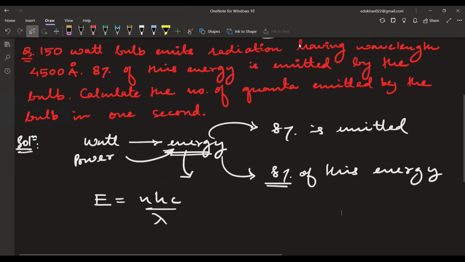The 12 joules, right? What value were you talking about? Oh, the energy of 1 photon.